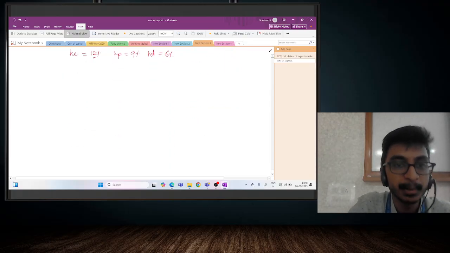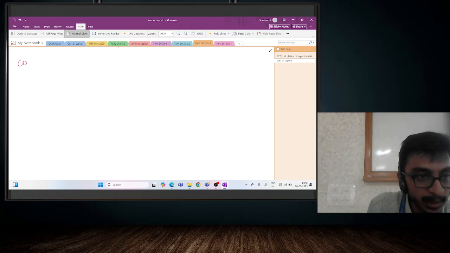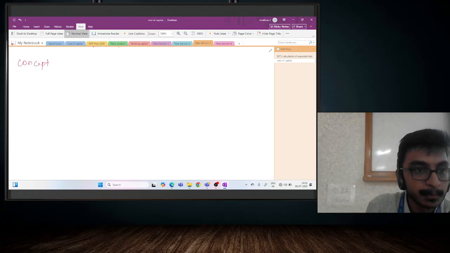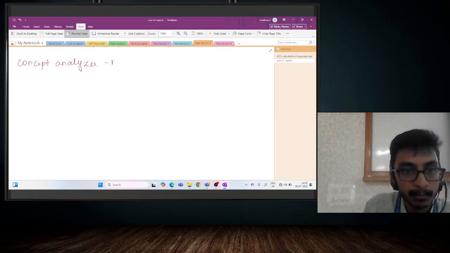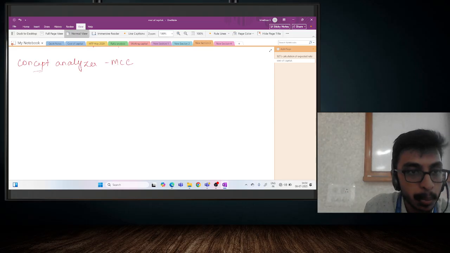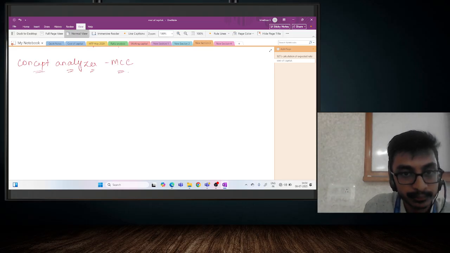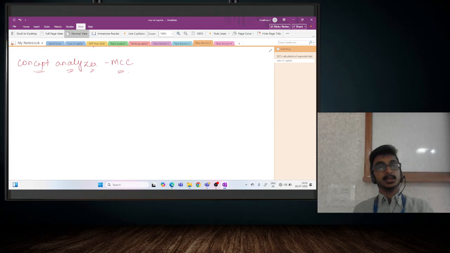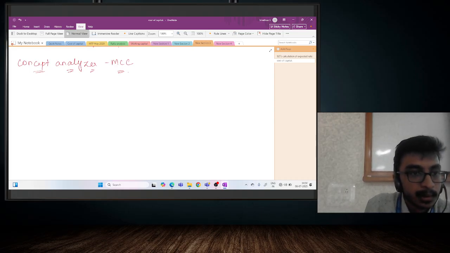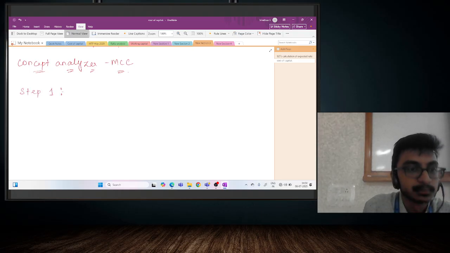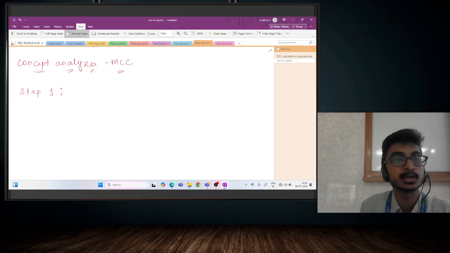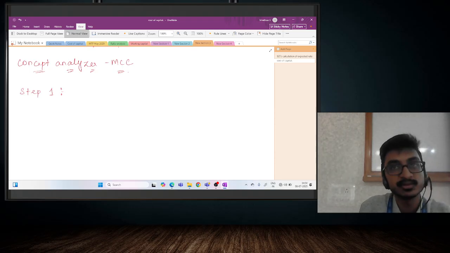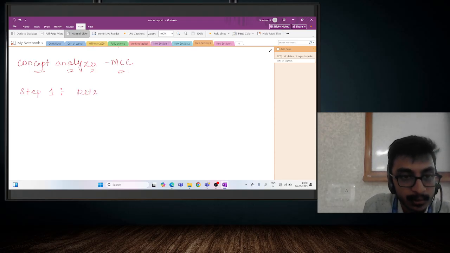Now let's go step by step. Write down concept analyzer. Marginal cost of capital. So listen, what is the first step in the calculation of marginal cost of capital? We have to determine the weights.